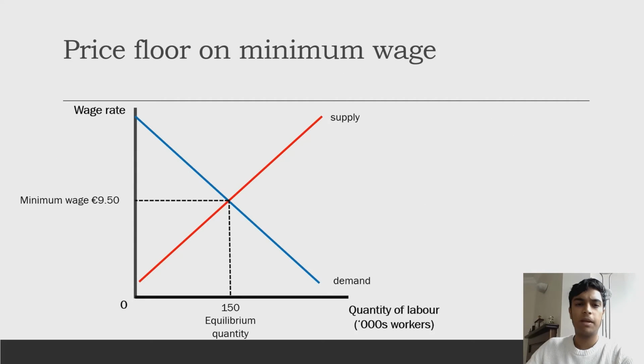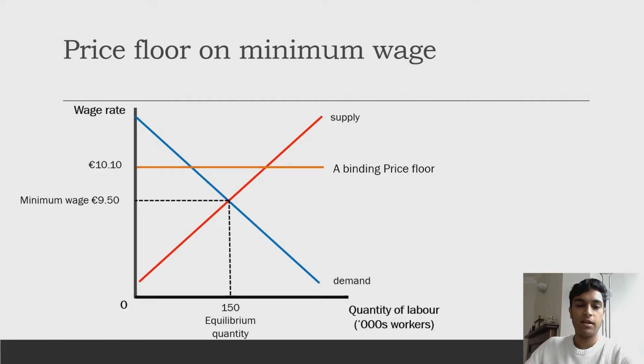Now let's look at a minimum price floor with an example of minimum wage. Let's assume the labor market is in equilibrium with the minimum wage at 950 euros per hour, and the quantity of workers supplied is 150,000. The government comes in and says this is too low, I'm raising the minimum wage to 1010, and then it imposes a new price floor at 1010.